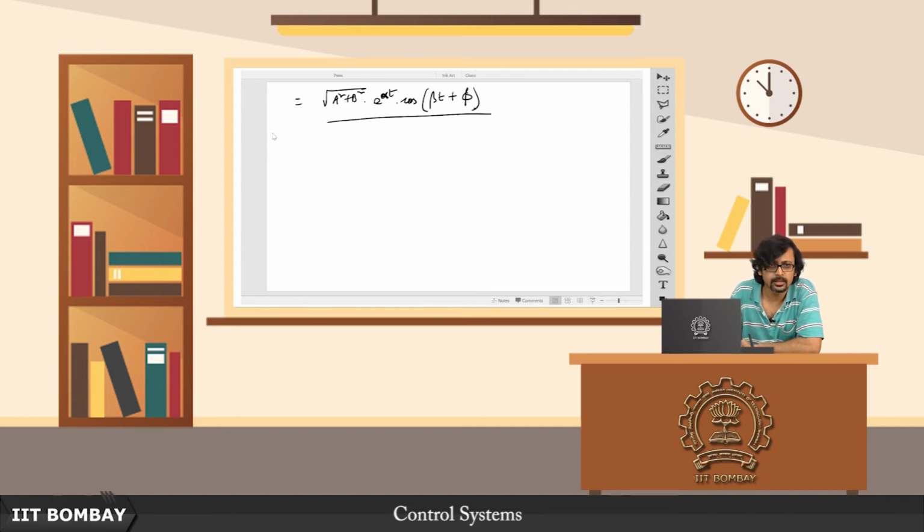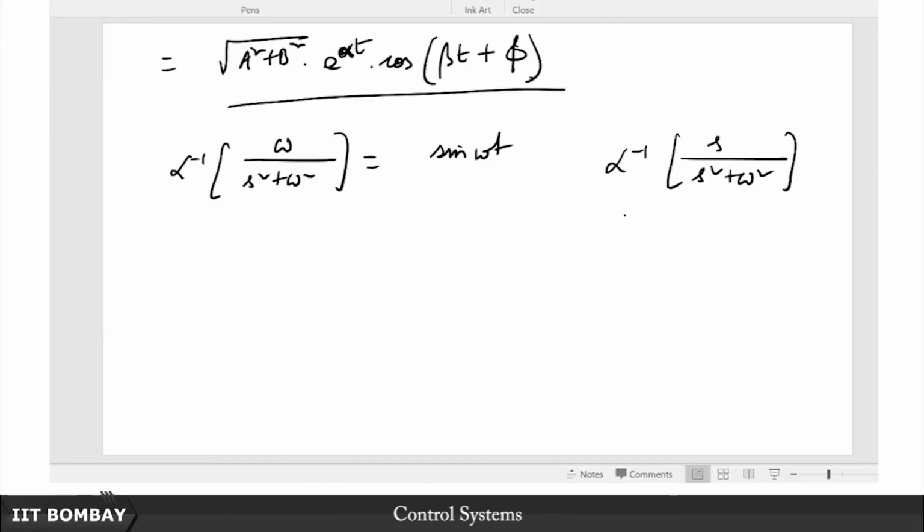If you recall in the Laplace transform table that we had seen a few lectures back, the Laplace inverse of omega over s squared plus omega squared is equal to nothing but sine omega t, and similarly the Laplace inverse of s upon s squared plus omega squared is nothing but cos omega t.